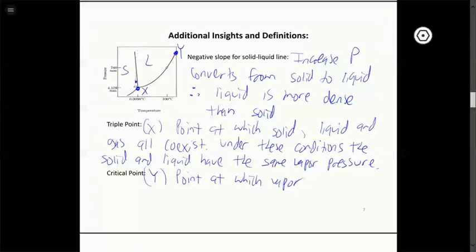So basically, once you get beyond this point, you no longer have distinct liquid and gas phases. Remember, this lower one here is gas. So the point at which the vapor can no longer be liquefied is called the critical point. That's the end of the liquid gas line.